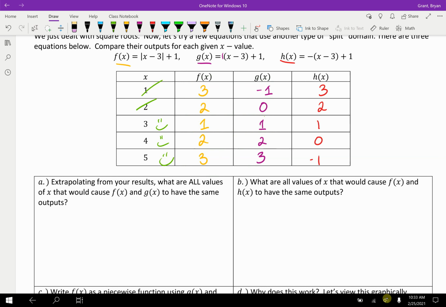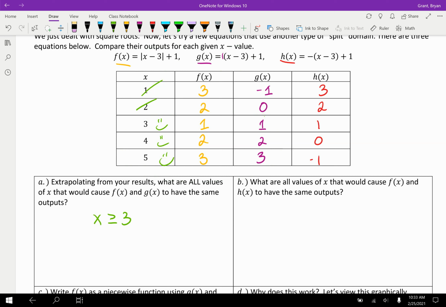How come? Well, any number you substitute in here, like 6, into each of these, 6 minus 3 is a positive, they both are positive, and then we add on to there. So since they start at 3 and go larger, we would say that x is greater than or equal to 3 would cause those two equations to have the same outputs. I mean, they look almost the same.